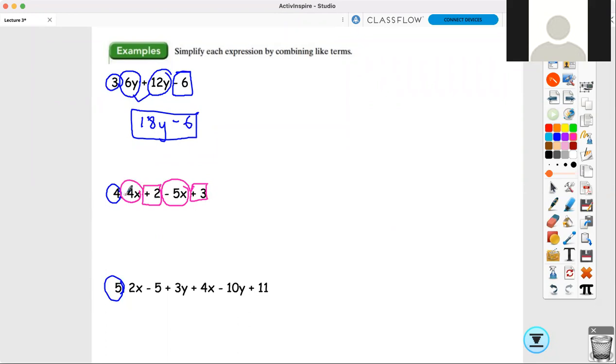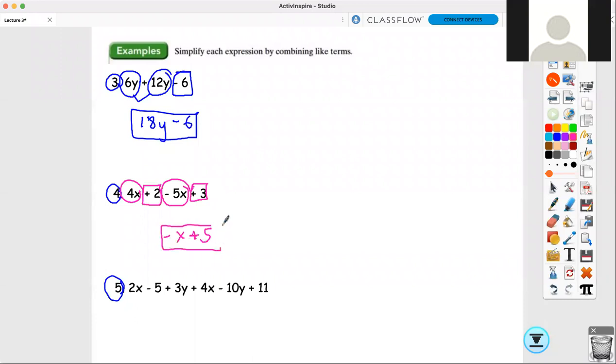You have, because it's what kind of number? Positive. Positive, but you owe me how much? 5. Since you owe me 5 and you have 4 on you, once you give me your 4, you don't have anything, but you still owe me how much? 1. And now we combine the constants. What's plus 2 plus 3? 5.